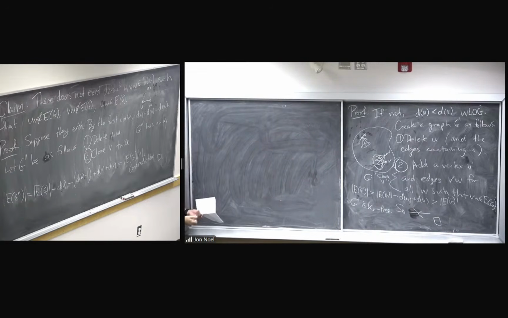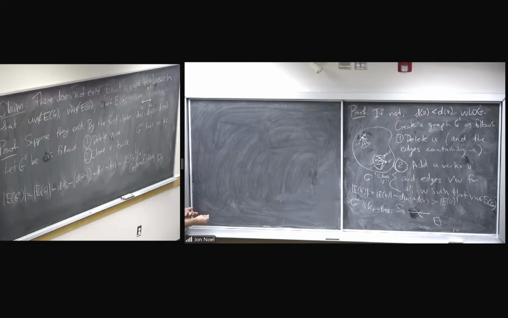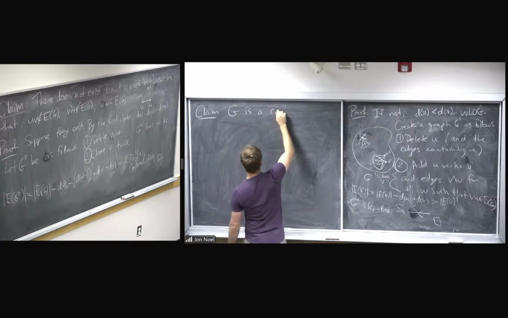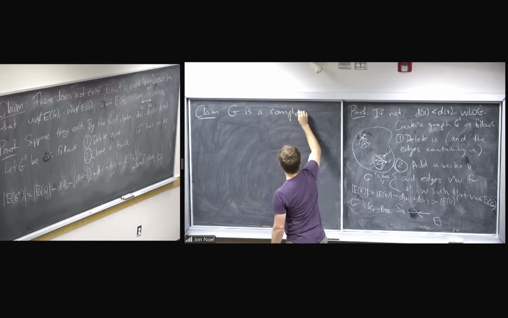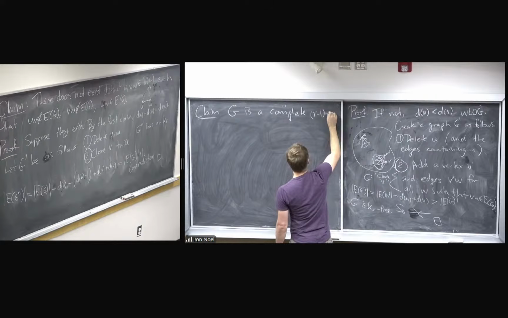So I want to say now that this graph just is a complete multipartite graph. And then we'll fiddle with how big the sizes are, that they're all the same size and whatnot. But I claim that G is an R-1 partite graph.